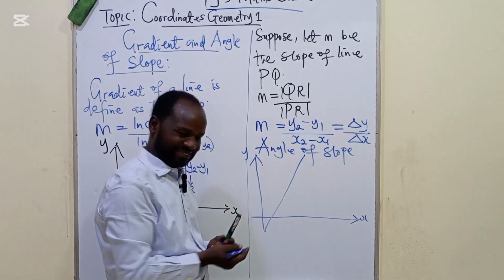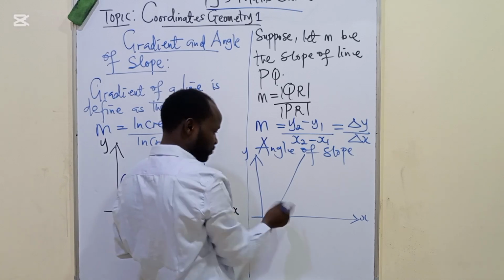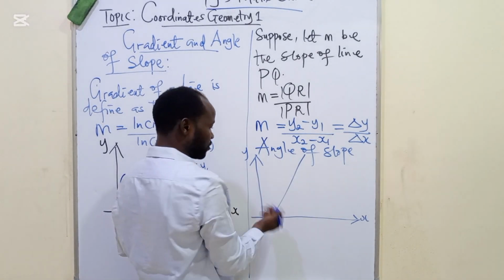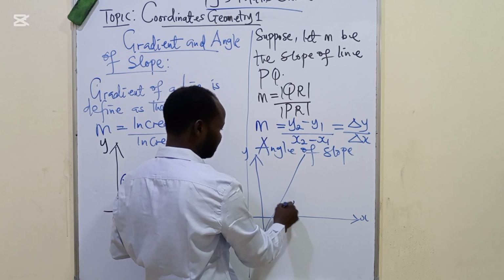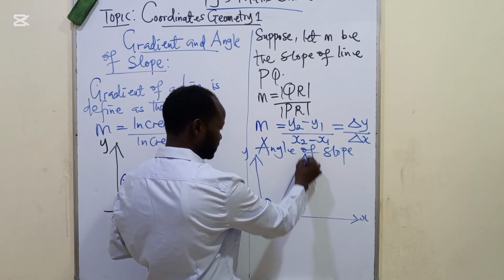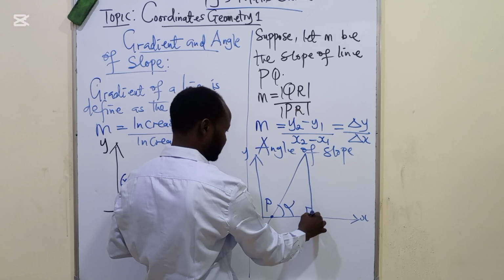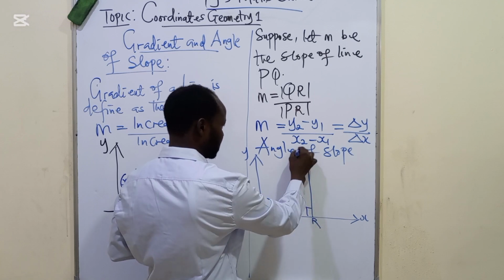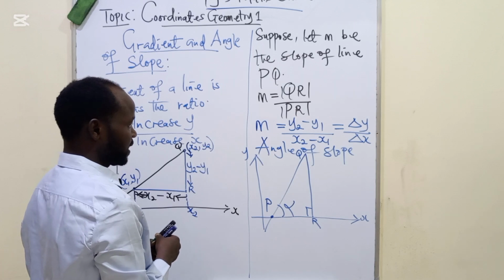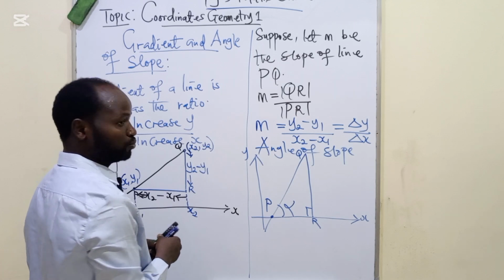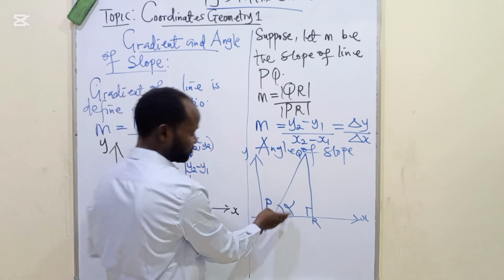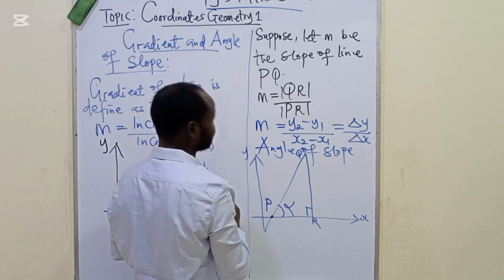The angle that this straight line will make with the positive x-axis is what we call angular of slope. Let's say here is alpha, and this point here is point P. Then we have another straight line here, and let's say here is R, and here is Q. Very important. Line PQ will make an angle with the positive x-axis, that is alpha.